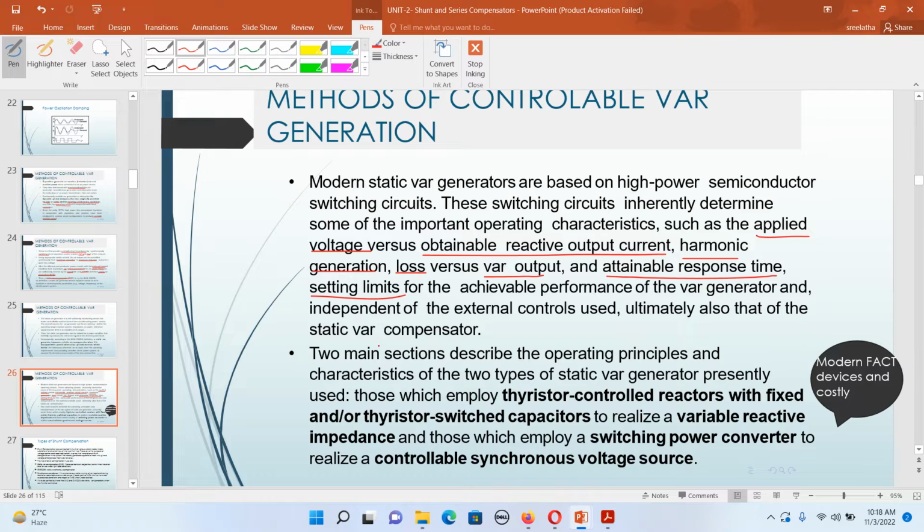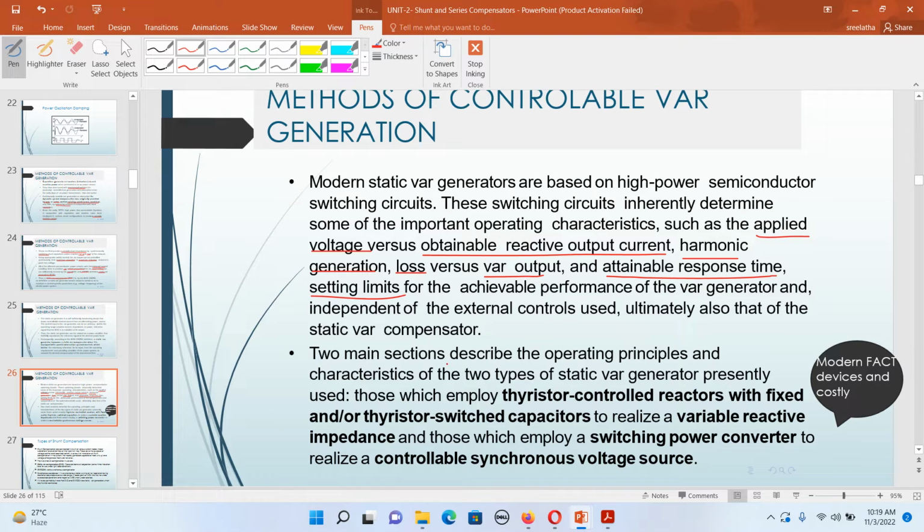The main thing we are discussing in this unit is the VI characteristics, nothing but applied voltage versus obtainable reactive output current. If you understand these characteristics, then you will know where to use which compensator.